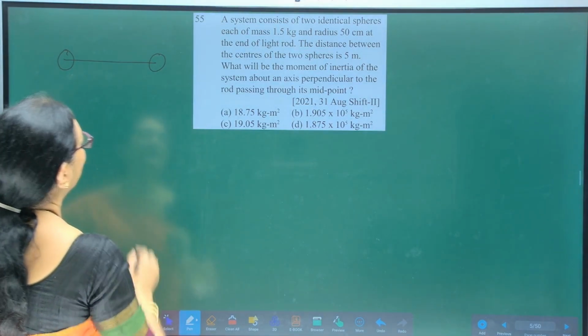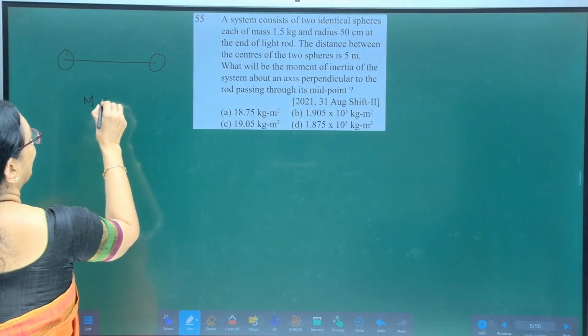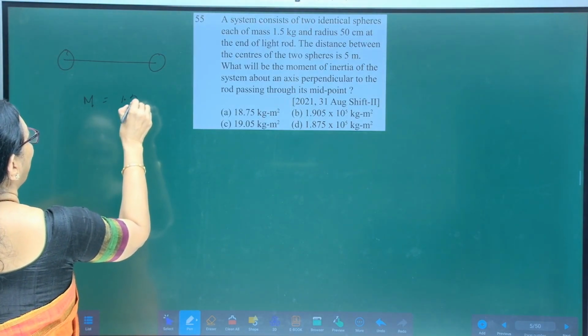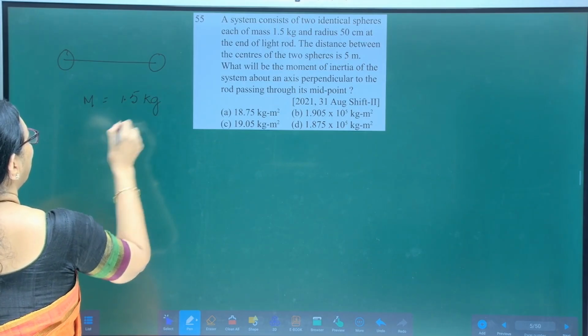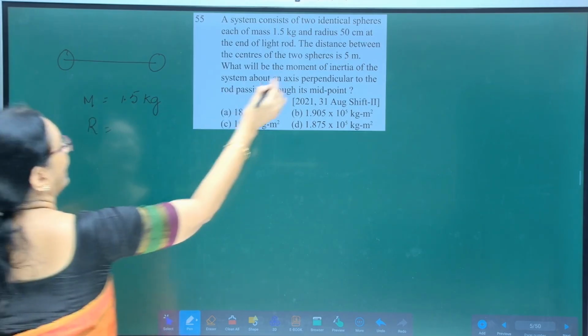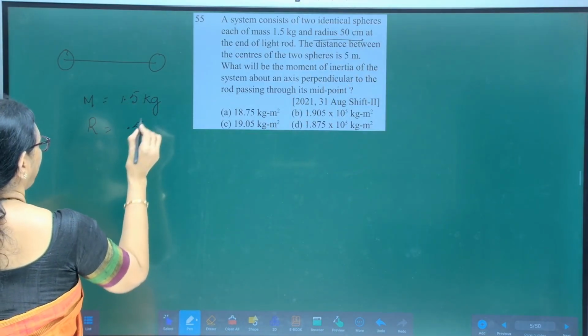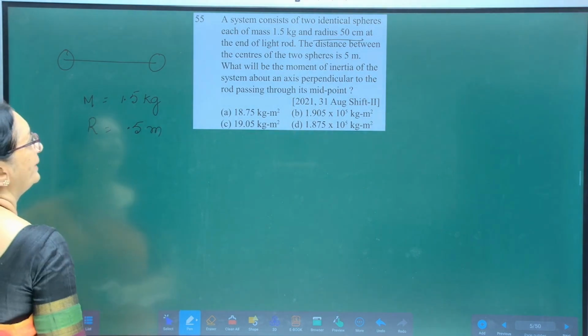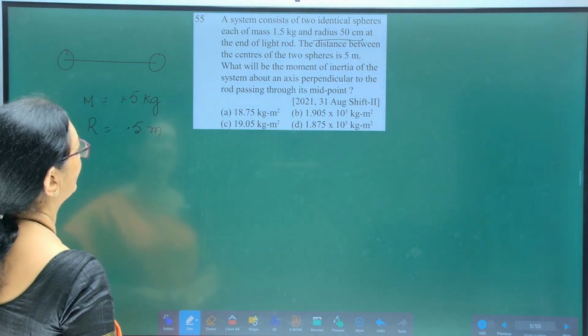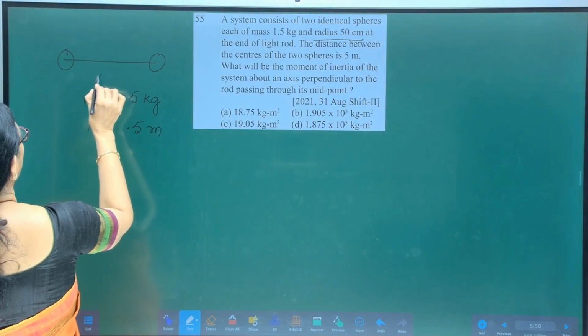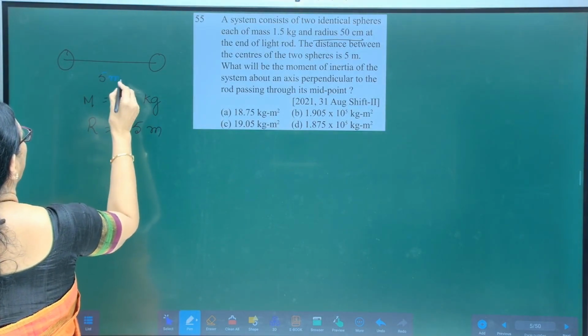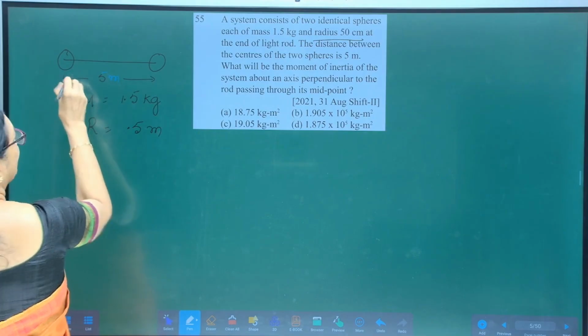The mass of each sphere is given as 1.5 kg and the radius of each sphere is 50 centimeters. If you convert that into meters, 0.5 meters. The distance between the centers of the two spheres is 5 meters.